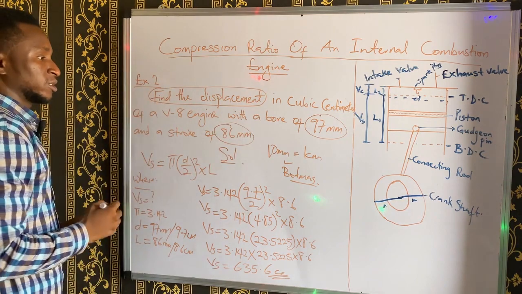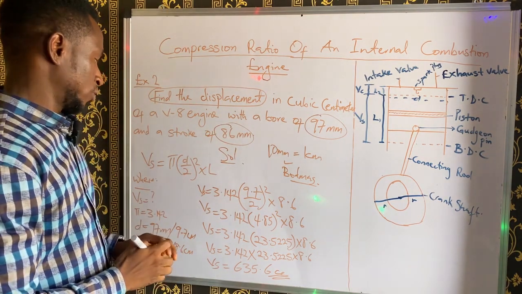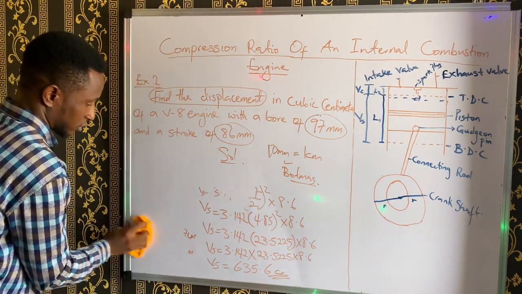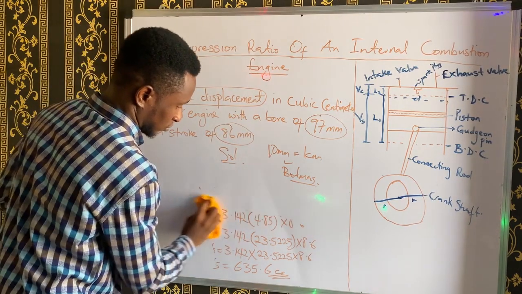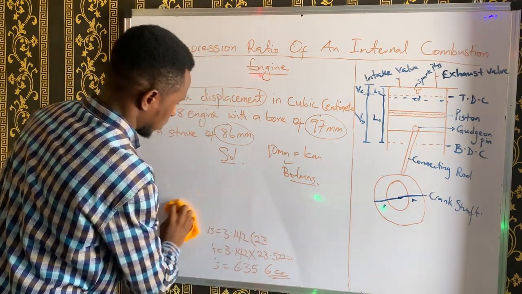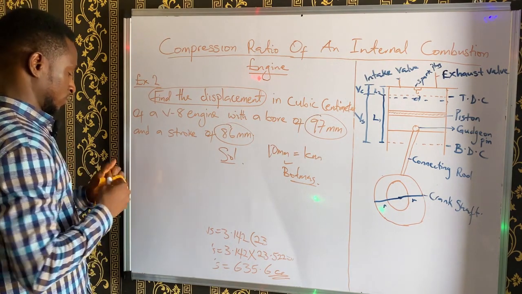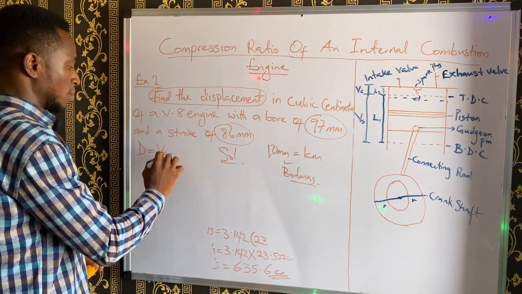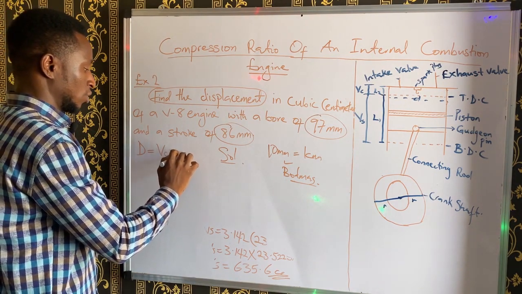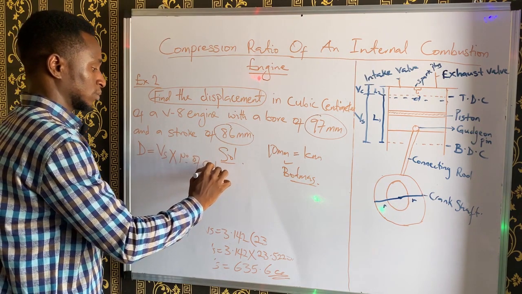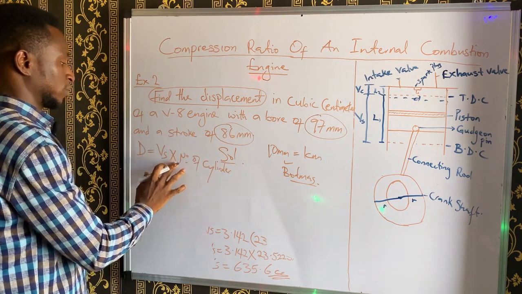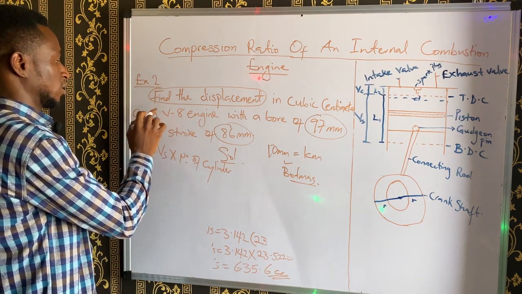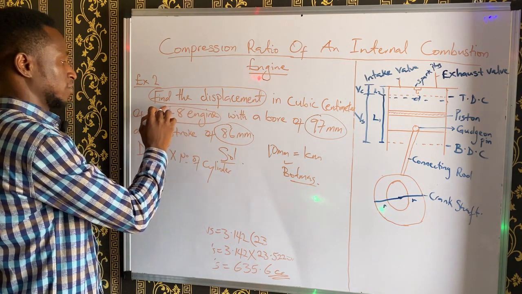Now, the question didn't ask us to look for swept volume, but it says find the displacement. So what we are looking for is displacement and not swept volume. Let's look for the displacement now. Displacement, D, equals swept volume multiplied by the number of cylinders, and the number of cylinders given to us is 8 because it says V8 engine.